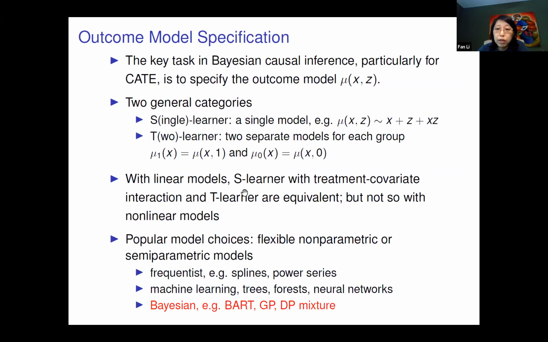very different results. So there are many popular, especially in recent years, many flexible model choices for this mu, and frequently you can use splines, trees and neural networks. But in Bayesian, the most popular is BART. And then also, of course, you can use Gaussian process and Dirichlet process.